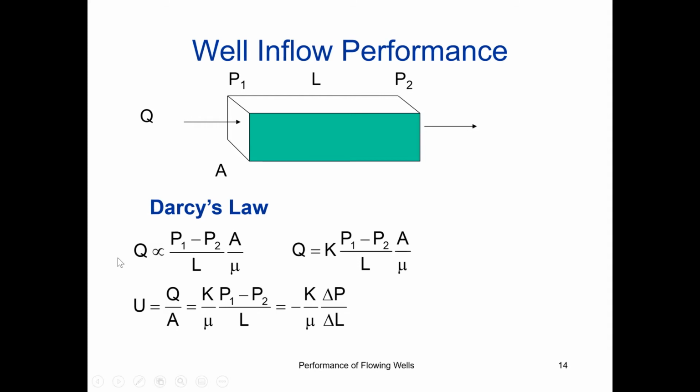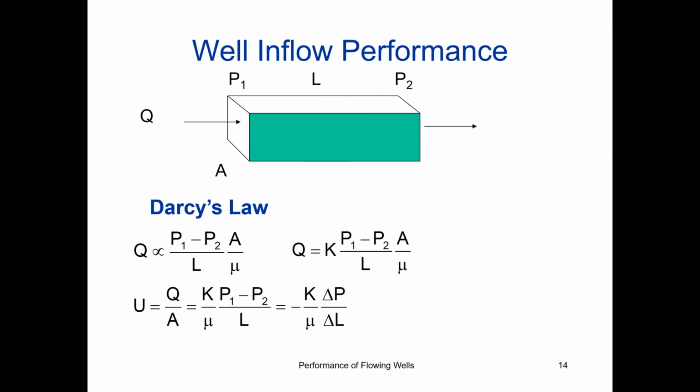So Darcy found this relationship, that flow rate is a function of pressure difference, cross-section area, the length of the section, and inverse function of the viscosity.